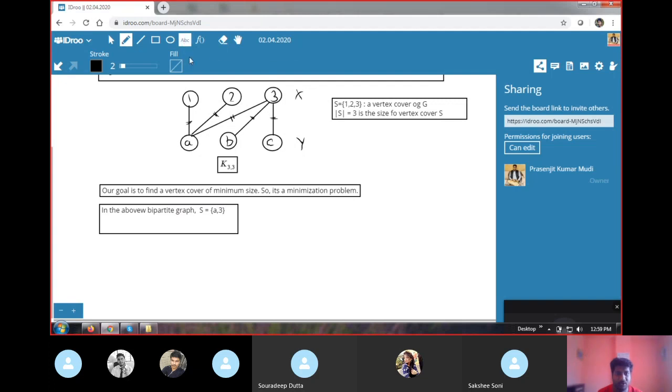And we have found a vertex cover of size 2, which is less than the earlier vertex cover. And you will figure out that this is a minimum vertex cover of size 2. Okay, so this is our example: A and 3.